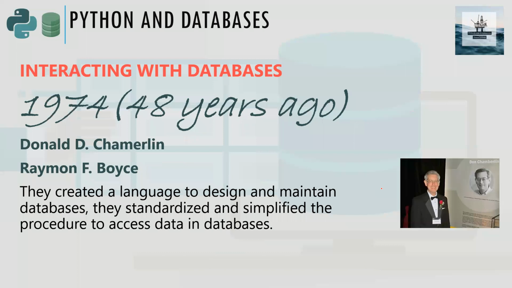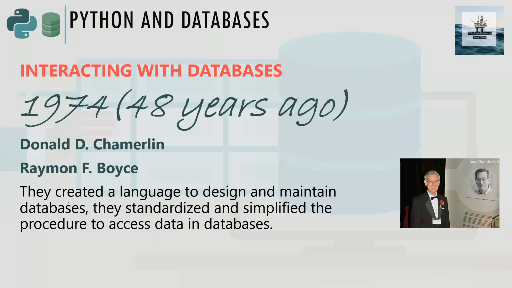Now we know what a database is and what it consists of, which is tables and rows. If we take a look at the method of interacting with the database, in 1974, 48 years ago, two people, Donald Chamberlin and Raymond Boyce, invented this semi-programming language that is used to design, maintain, and manage databases.